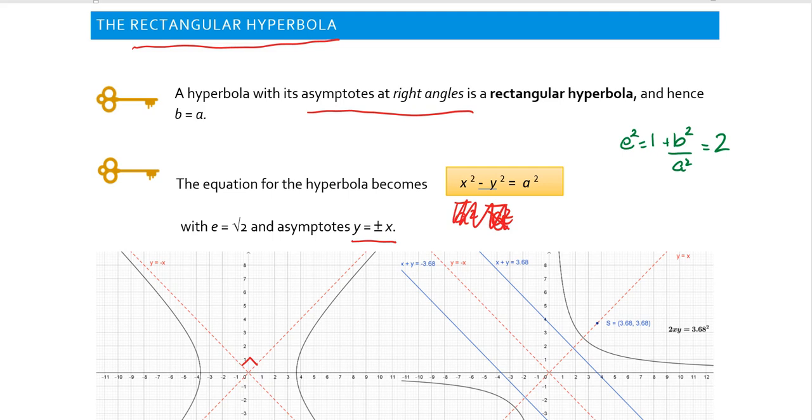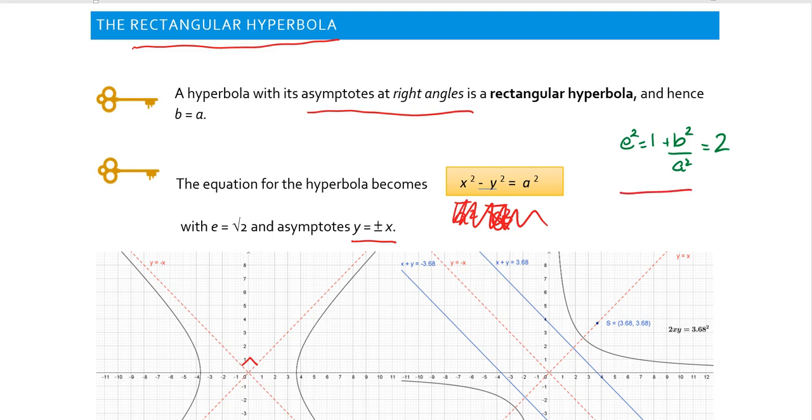Multiply through by the a squared, and we get this equation for the rectangular hyperbola. So we know how this is linked to stuff that we already know. So again, we keep building up that chain of connections.